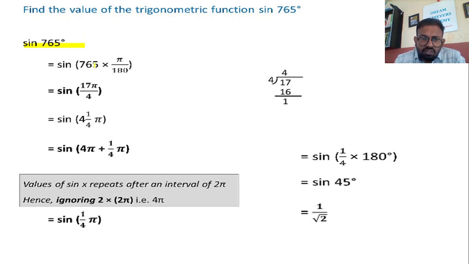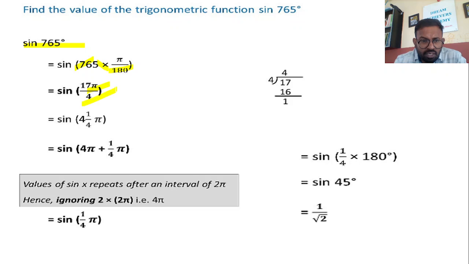First multiply with pi by 180, to convert that to radians. After cancelling, 765 and 180 are completely divisible by 5. You can check it out, it's easy. After dividing we get 17 pi by 4.